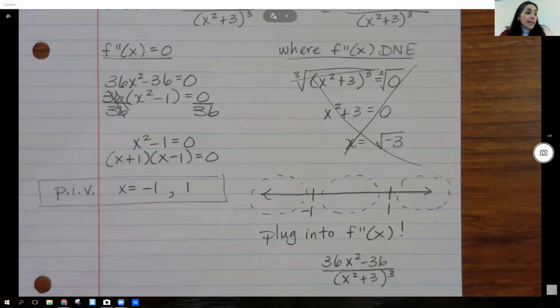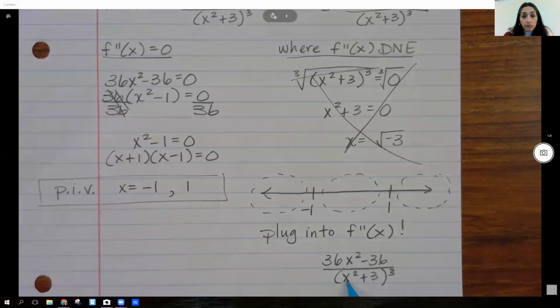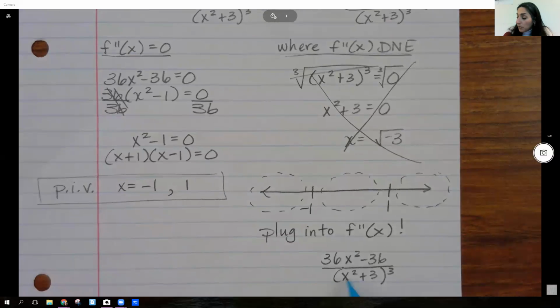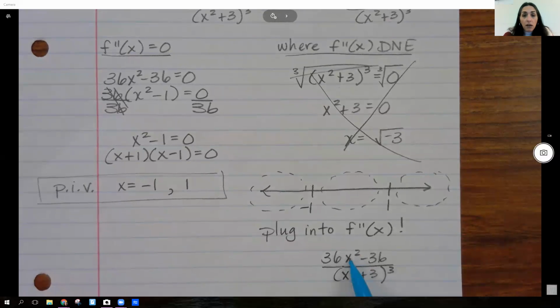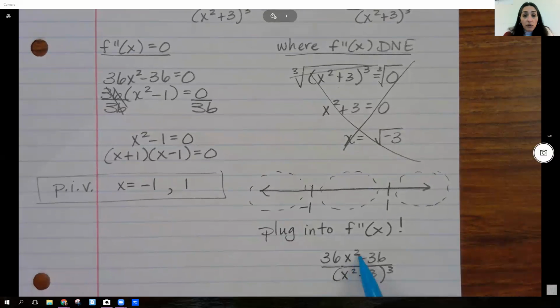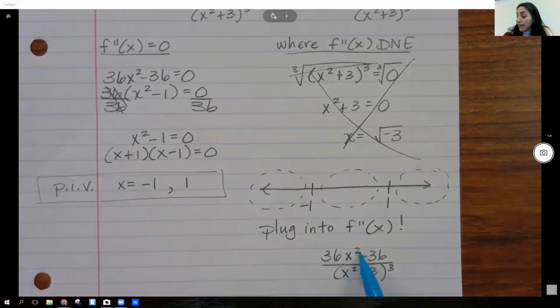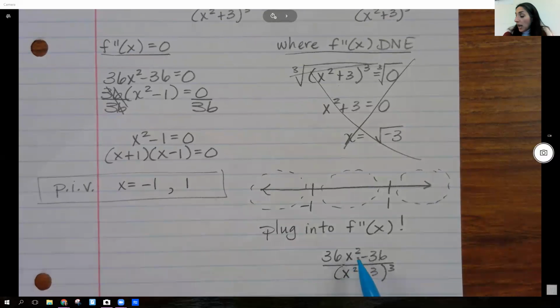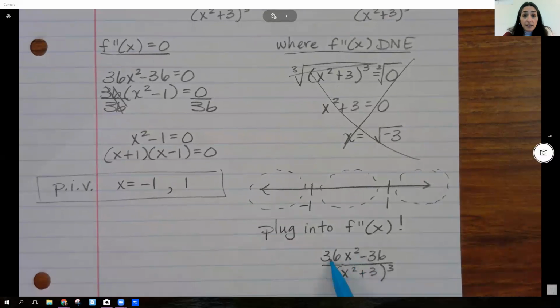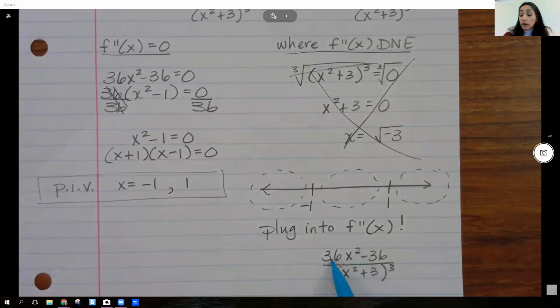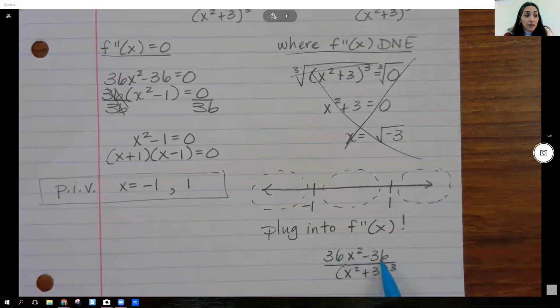So if you do -2 and you plug it in here and here, okay? I plug -2 in here. When you square -2, it's going to turn positive, so it'll be 4, right? And then you're going to multiply it by 36, which is going to be a number larger than this.